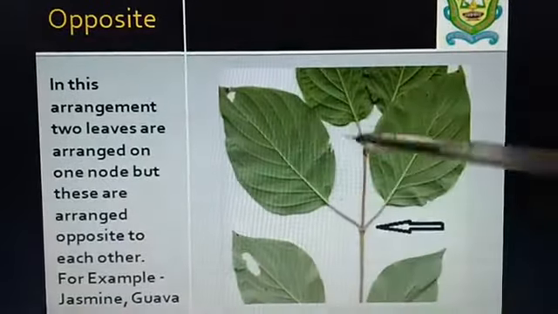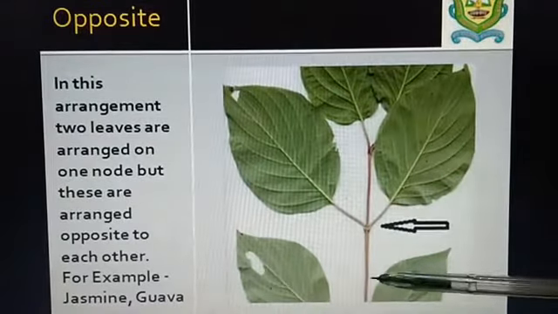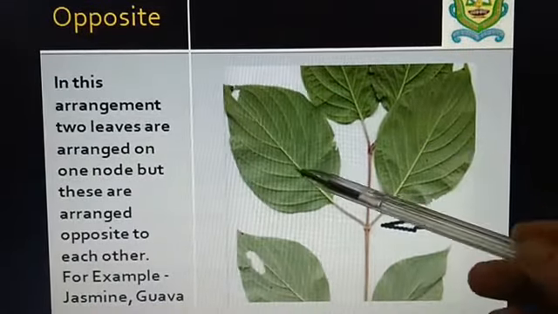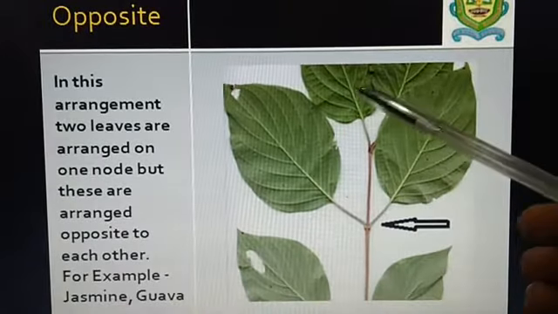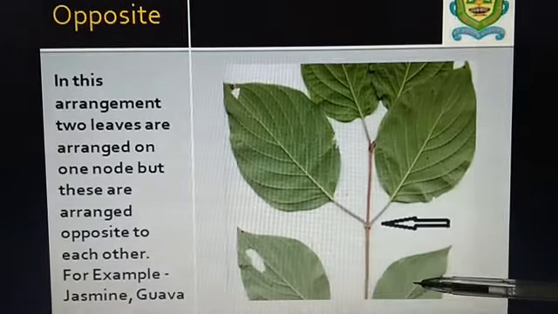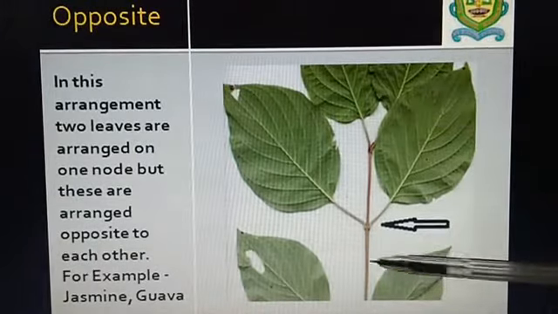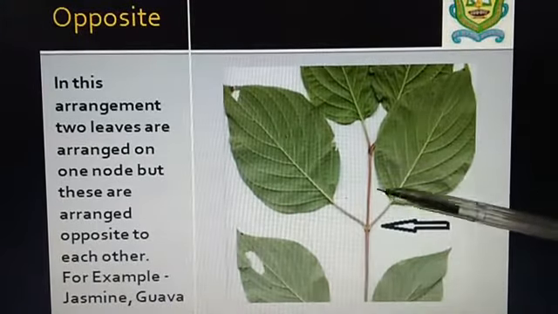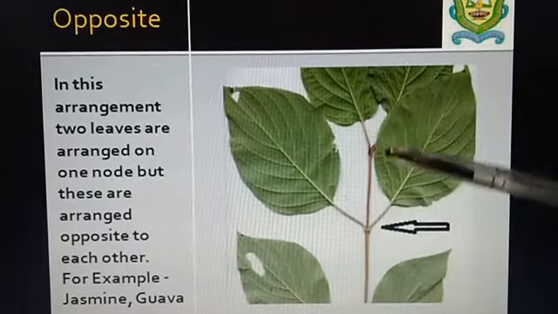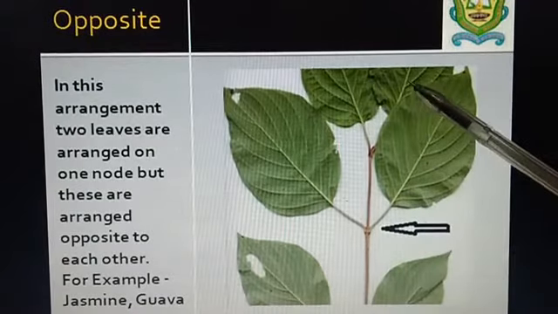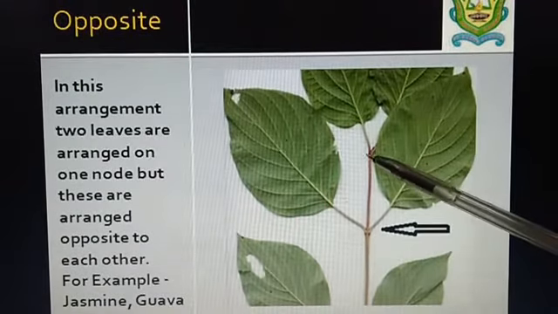Opposite arrangement of leaves. In this arrangement, two leaves are opposite to each other. Both upper and down, you can see all the leaves are opposite to each other, but they all are connected or arranged on one node only. Upper two leaves are opposite, they are connected on one node.